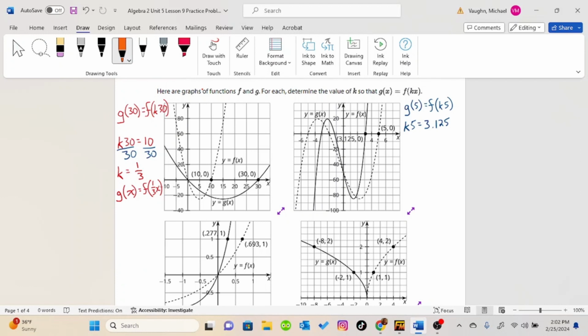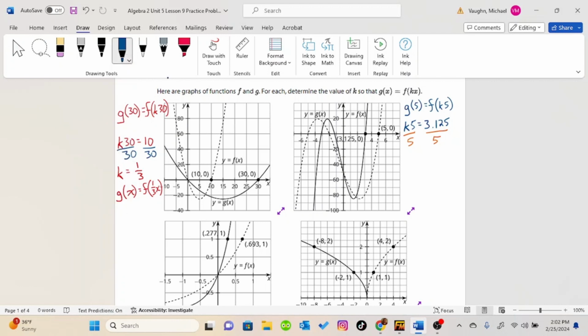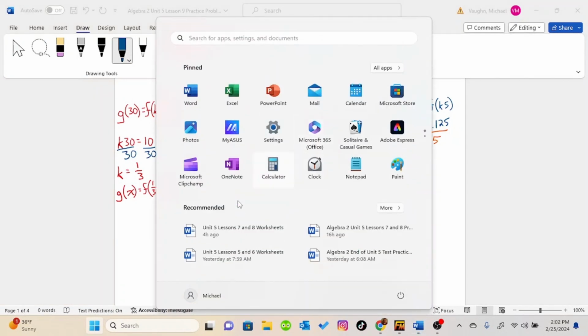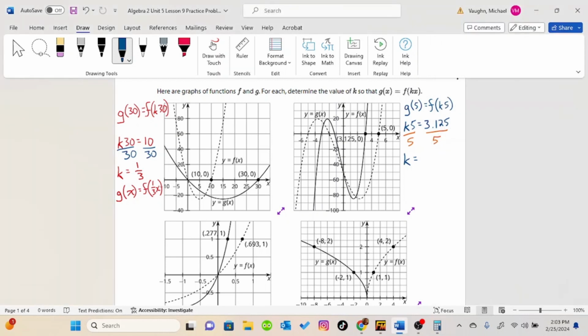For this to happen, we're going to divide both sides by 5. And we will get our answer that k equals 3.125 divided by 5 equals 0.625.